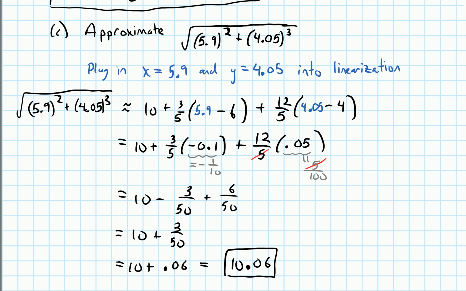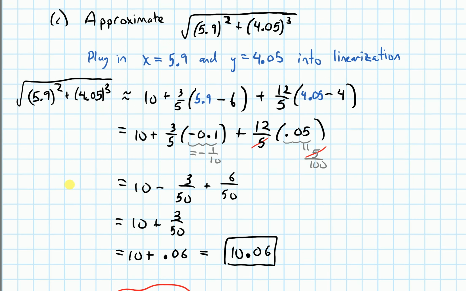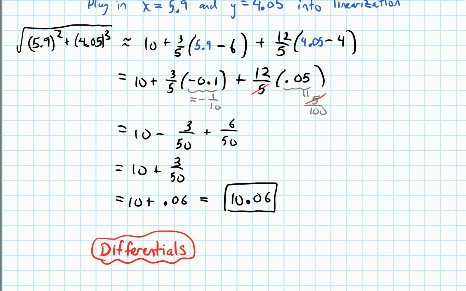So notice that we were able to get this approximation without a calculator at all. It is a lot easier in general to plug into a linear function like we have here than it is to try to plug into this complicated square root of x squared plus y cubed function. Okay, how close is this?